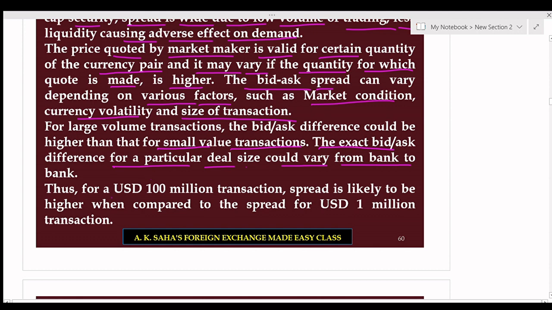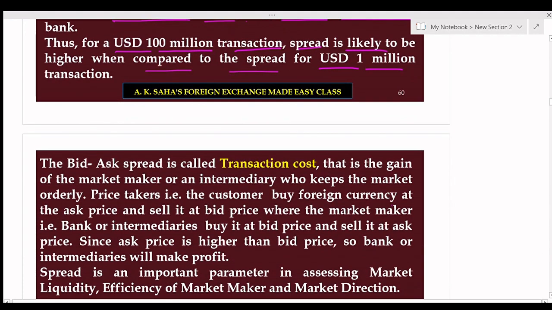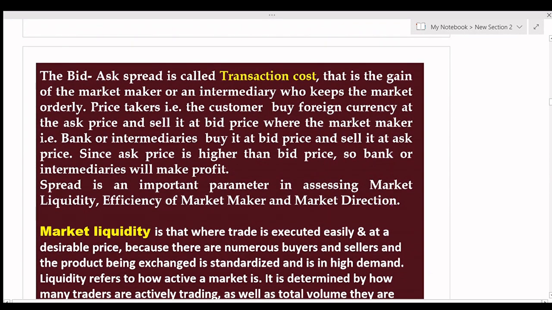Thus, for a USD 100 million transaction, the spread is likely to be higher when compared to the spread for a USD 1 million transaction. The bid-ask spread is called transaction cost, that is the gain of the market maker or an intermediary who keeps the market orderly.